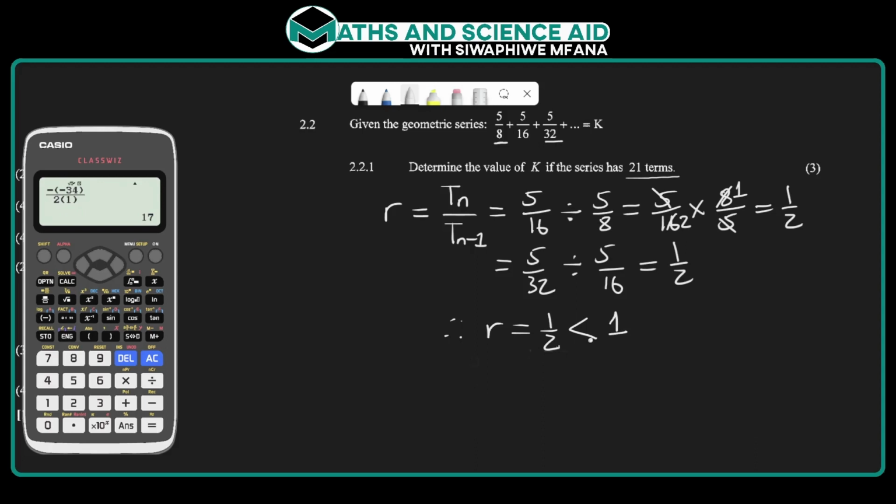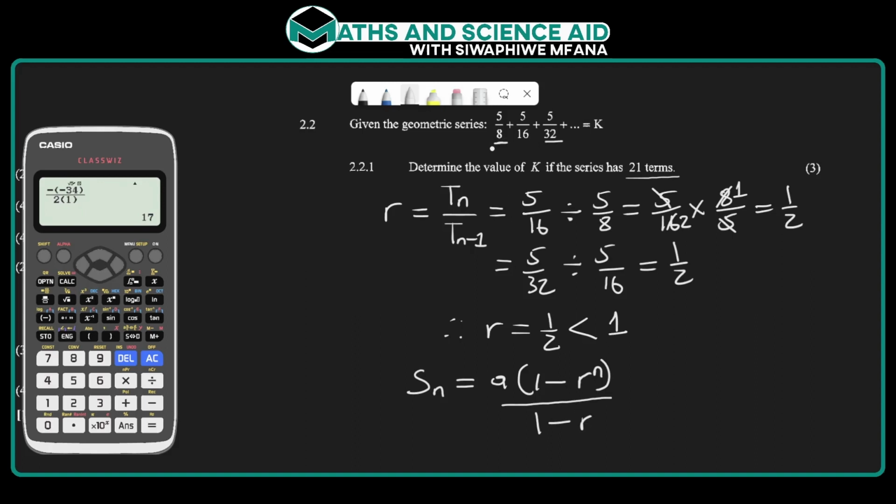And if that's the case, it means that the relevant formula that we must use is Sn is equal to A into 1 minus r to the power of n, all of that divided by 1 minus r.